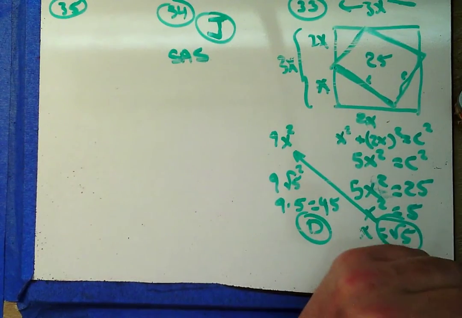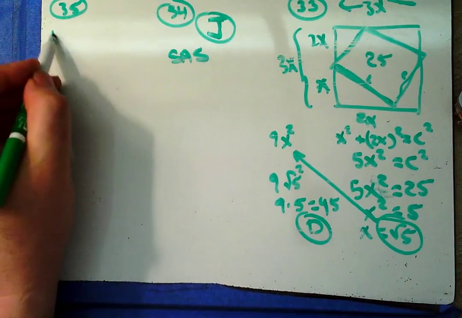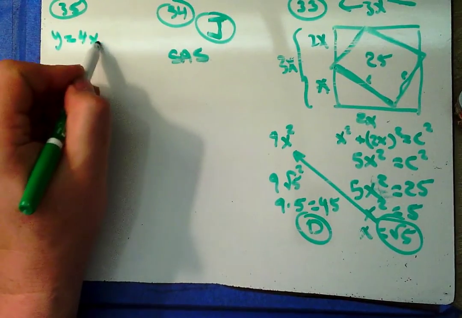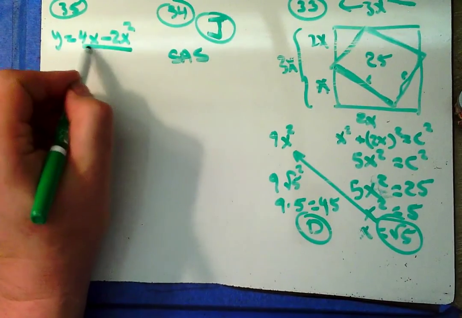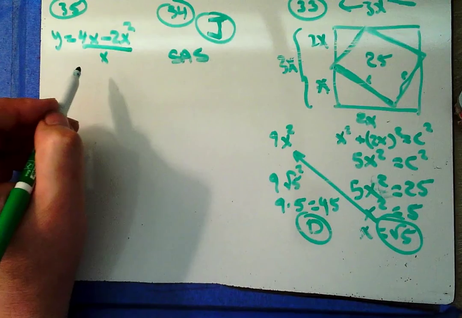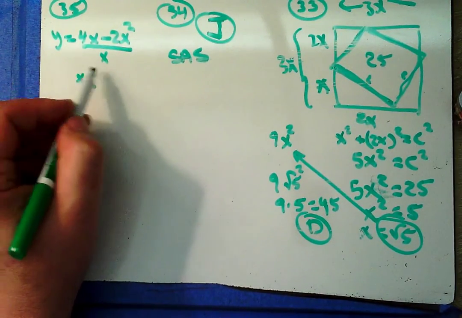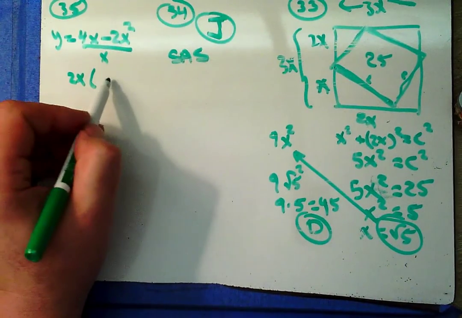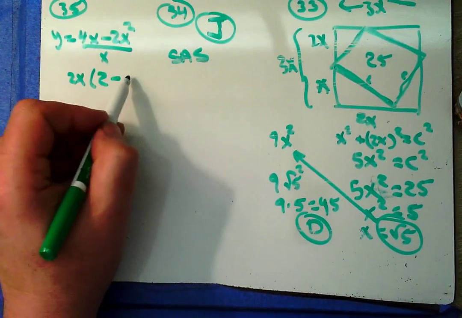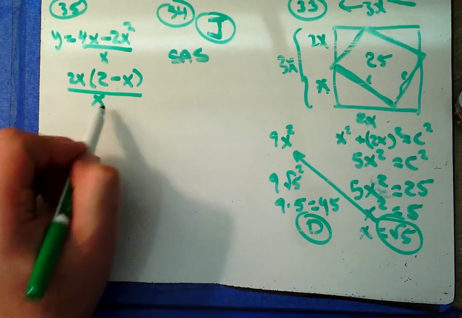35. 35 on the next page says, which of the following graphs is the equation of y equals 4x minus 2x squared over x? Okay, well, first thing I do is I factor an x out of the top, maybe even a 2x, leaving me 2 minus x, and an x on the bottom.